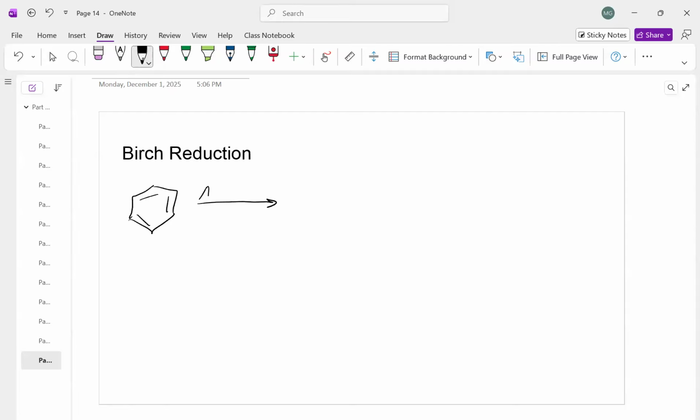Here we're going to do something very similar with sodium metal and ammonia. We're just going to toss in some methanol. And that's going to do what's called a Birch reduction. And that's simply going to make benzene into a non-conjugated diene.